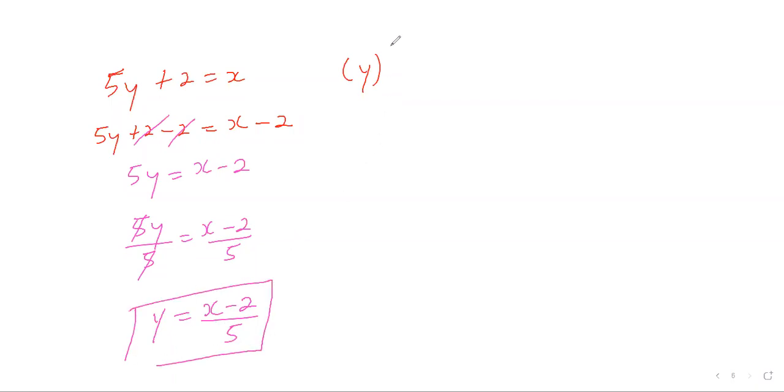Anybody want to go to the shortcut now? How will I write this? We have 5y plus 2 is equal to x. What's the shortcut of doing this? 5y equals x minus 2.